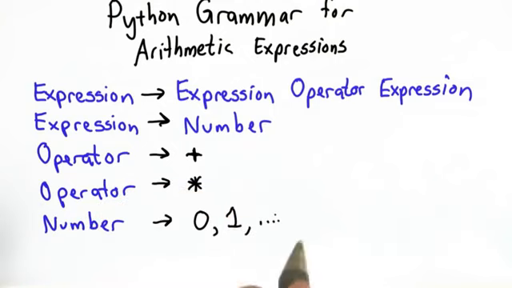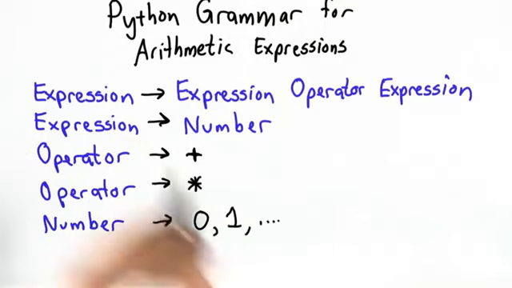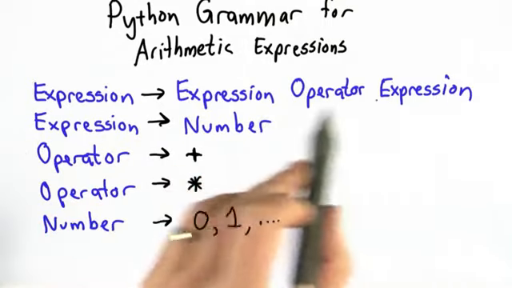But let's assume we know what numbers are. We can make numbers any number of digits. There are different rules to make all those numbers, but we know what they are. So this looks like a very simple grammar. It's quite small, but it can express infinitely many things. And the reason for that is because we have expression on both sides here, that we can replace an expression with a bigger expression and keep going.